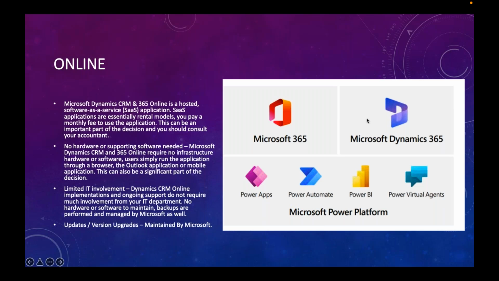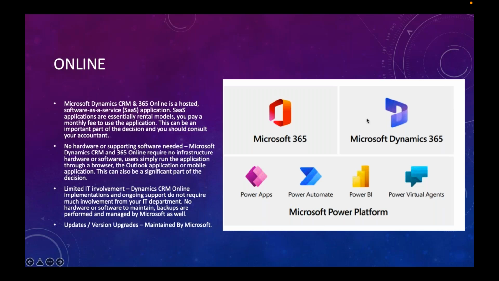We need to just raise a Microsoft ticket for that particular product. I mean, we need to raise it to the Microsoft team. What they will do is ask us for our tenant details and all the infrastructure, I mean, all the trial details, environment details, and they will check it and get back to us.